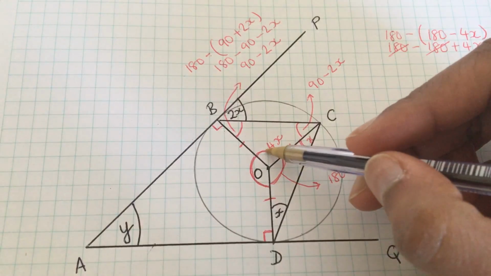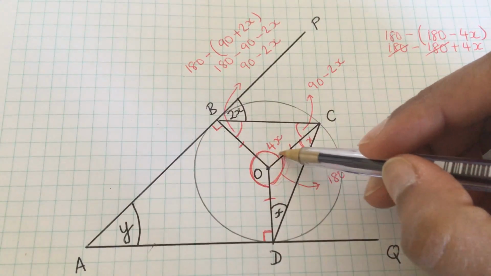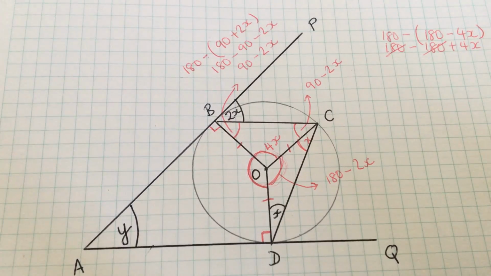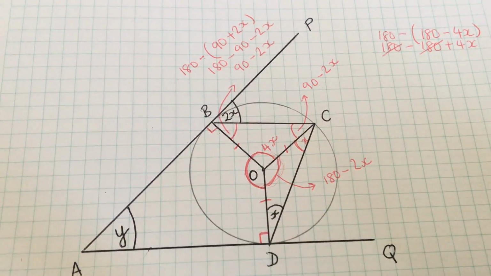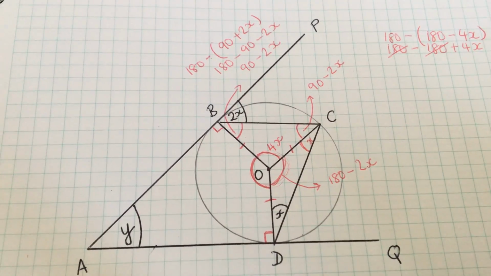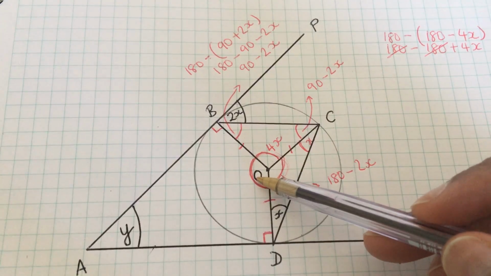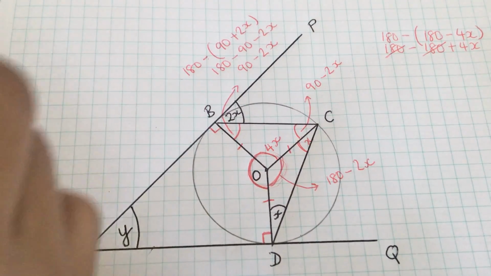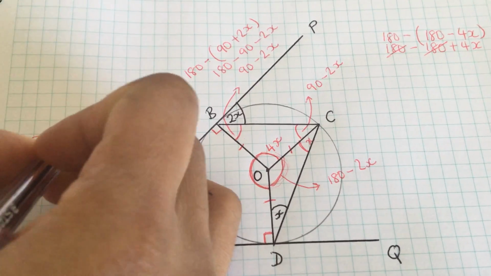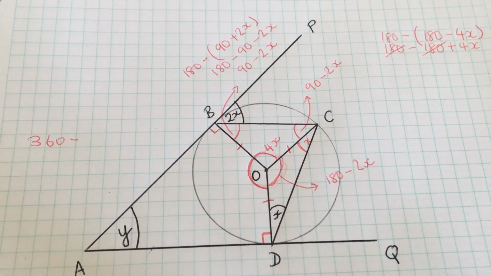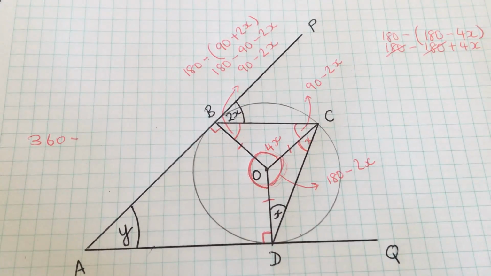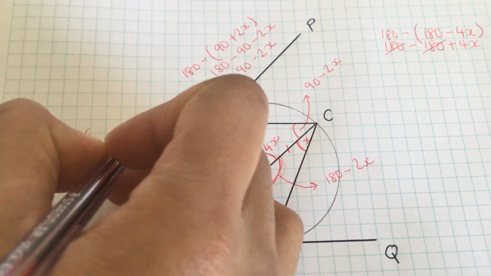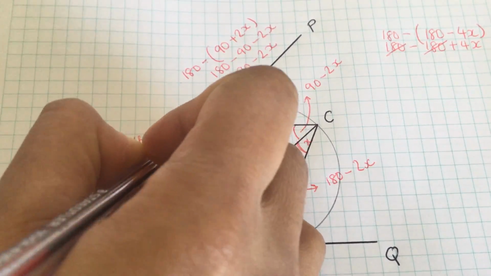Now, we can see here we've got angles around a point, and they must add up to 360. So the next thing we can do is we can try and find out what this angle here would be. 360 minus (4x plus 180 minus 2x).